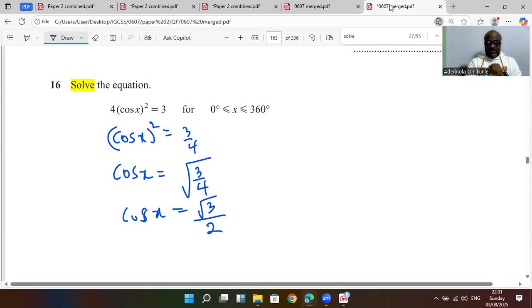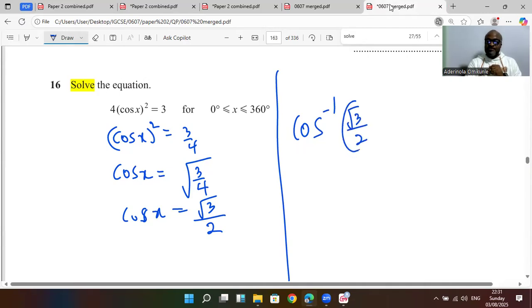So this is the cos x. Okay, so now let's get the angles. So to get the angle, you have to say cos inverse of root 3 all over 2. Remember, we did our special angles, and in our special angles, we know that if you do cos 30, that gives you root 3 over 2. So cos inverse of root 3 over 2 is equal to 30 degrees.